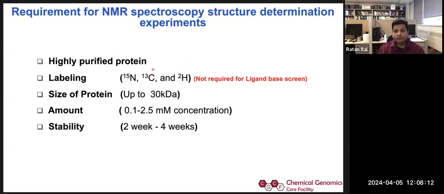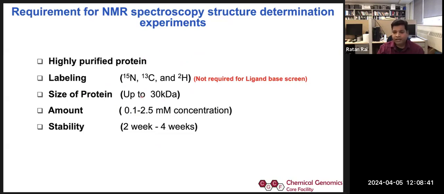But if you're looking for only screening, then we don't require labeled protein. Unlabeled protein is really good for this screening protocol. Since we only have access to a 600 megahertz facility, with this facility we can solve the structure of proteins up to 30 kilodaltons. And the amount of protein we require varies between 0.1 to 2.5 millimolar concentration. It depends.